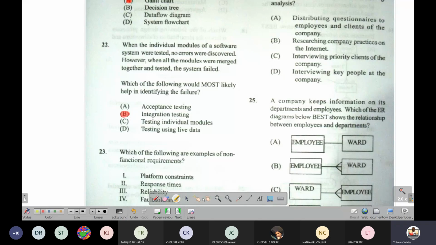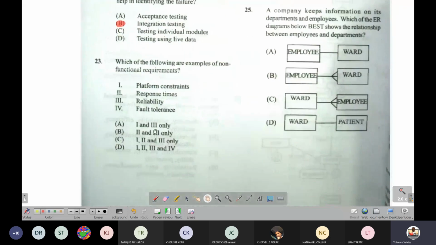Which of the following are examples of non-functional requirements, right? Remember, non-functional requirements are things that the user desires for the system, right? So the user could specify platform constraints. They could say, okay, I want the system to work on iOS and Android and Windows.